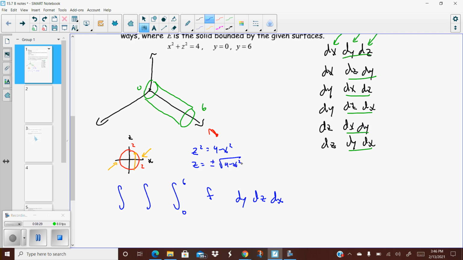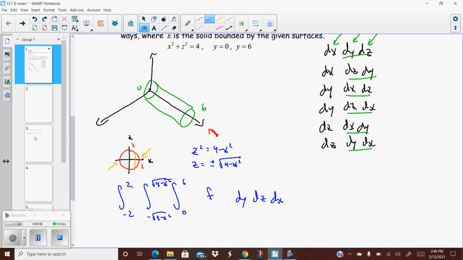So the minus of that's going to be the bottom of the circle, and the plus of that's going to be the top of the circle. So the minus square root of 4 minus x squared up to the positive square root of 4 minus x squared. That's how z is going to vary. And then x is just going to go from, it looks like, -2 to +2, since it's a circle with a radius 2.